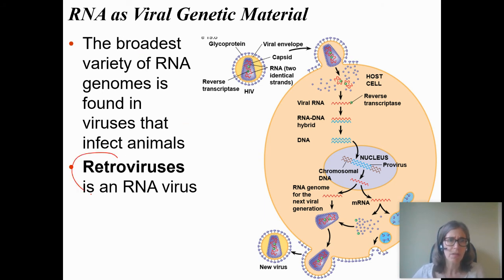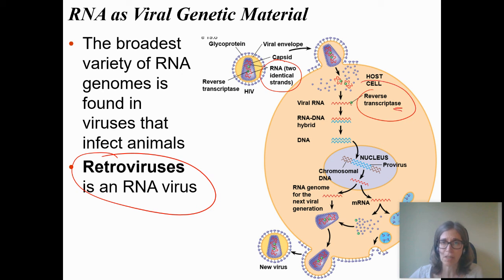Okay, so a retrovirus is an RNA virus. And what it does, here's HIV. It's got a couple of strands of RNA, and it also has an enzyme called reverse transcriptase. So if you remember the whole DNA makes RNA, makes protein, are you sick of it yet?